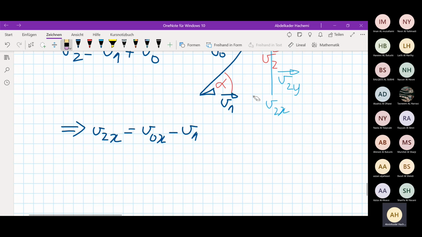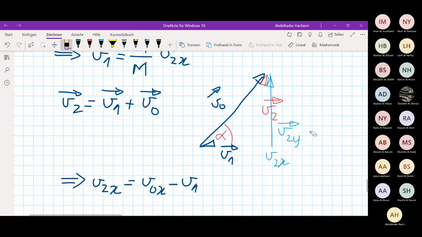Sorry, I made a mistake here: the direction of V1 is not negative.